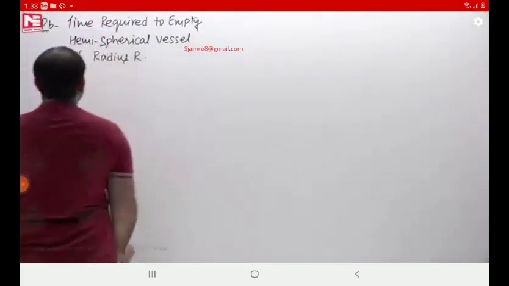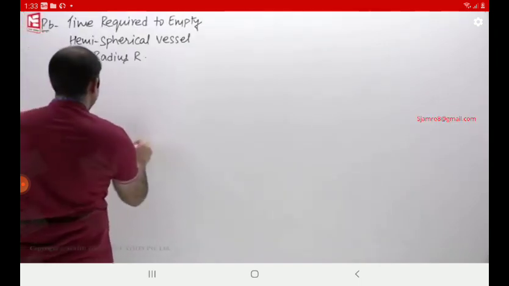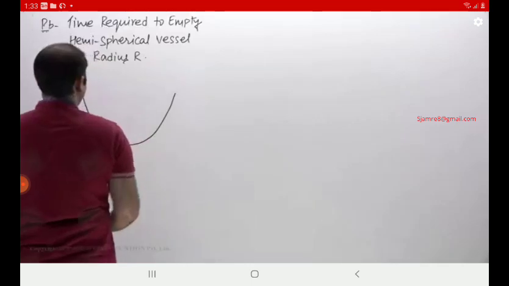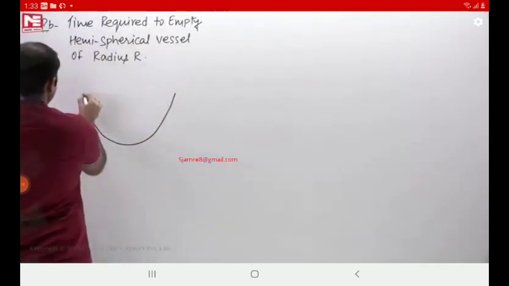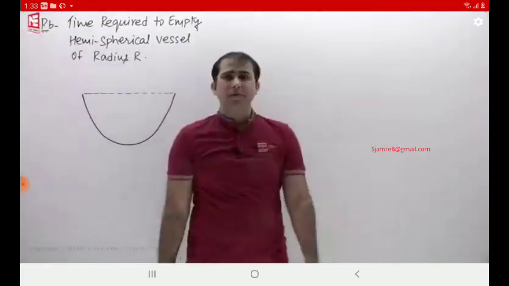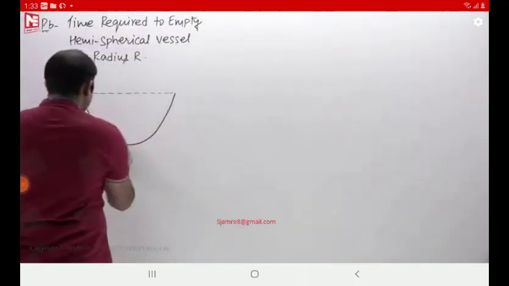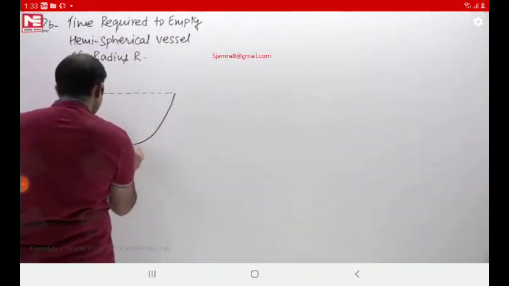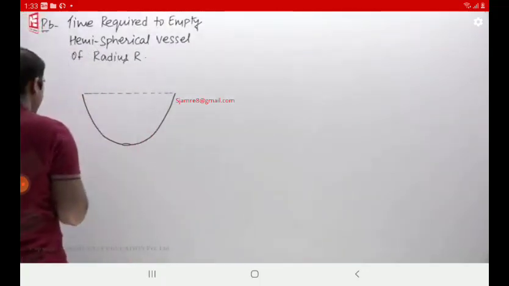देखिए, hemispherical vessel. So it's like this. Initially ये भरा हुआ है. And here we have an orifice. This is the orifice. अच्छा, some information is given.